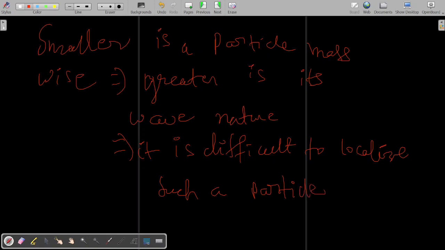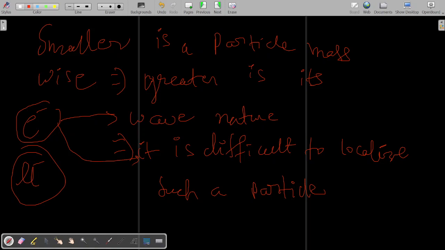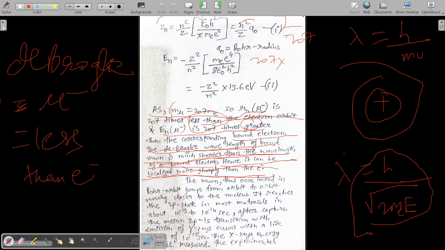So the smaller the mass of a particle, for example the electron, which is smaller in mass than the mu minus muon, the more wave nature it has. The electron's mass is much smaller than the mu minus meson mass, so electron has more wave nature and will be difficult to localize as compared to mu minus meson.